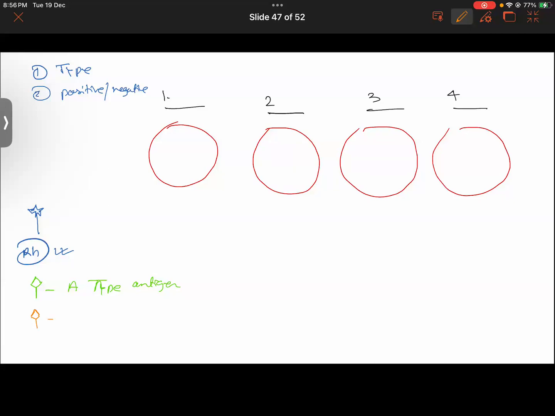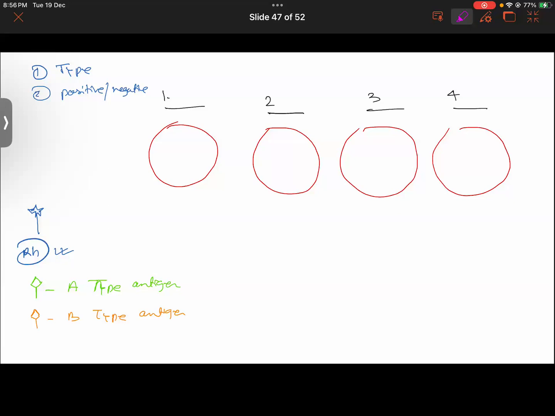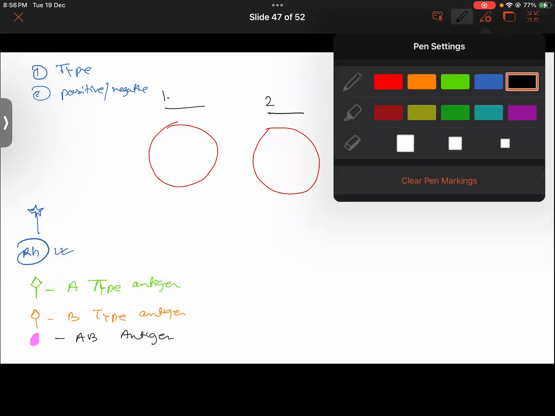So for the B type antigen, the symbol is the same but the colors are different. Oh, okay, sir. And if I draw this thing somewhere, it will mean that both A and B antigens are found there. All right, let's begin.